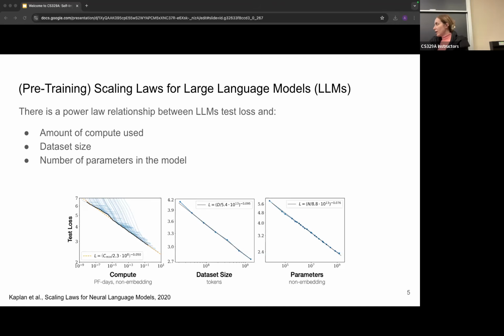What these scaling laws suggest is that there is a power law relationship between an LLM's test loss, which correlates with its capability, and the amount of compute that we use for training, the size of the datasets for training, as well as the number of parameters in the model.